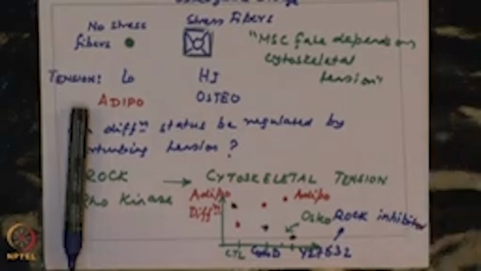Okay. So, with that I stop here. To summarize what we discussed today, we showed that in mesenchymal stem cells, by perturbing things like shape or tension, you can perturb their differentiation pathways, with more tension leading to osteogenic differentiation and lowering of tension leading to adipogenic differentiation.